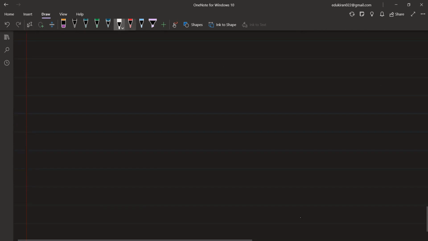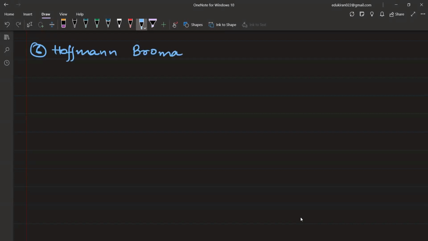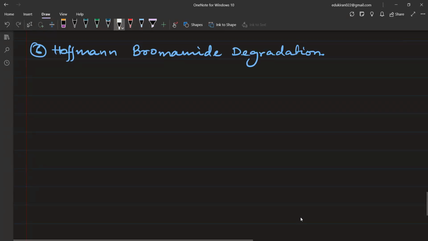Right, next, the last method of preparation. Hofmann bromamide degradation. In Hofmann bromamide degradation, we get primary amines, but the amine will be having one carbon less than the amide.